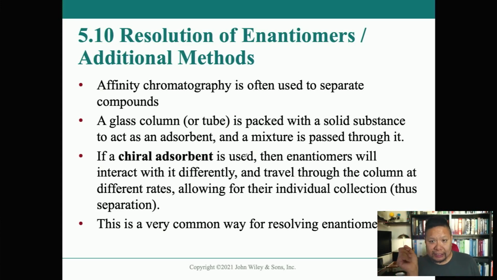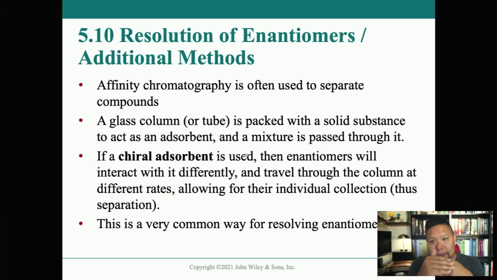And so, if you're using silica gel, that's what we call the stationary phase, the silica gel, the solid stuff inside the glass tube. It's polar, right? It's a polar compound. When you add a mixture of things to that glass column that has silica gel in it with some kind of solvent, probably ethyl acetate, something like that, anyway, it doesn't matter what the solvent is, you pour it in there with the mixture, and it starts separating it out, because each of the components of the mixture will interact with the silica gel differently.